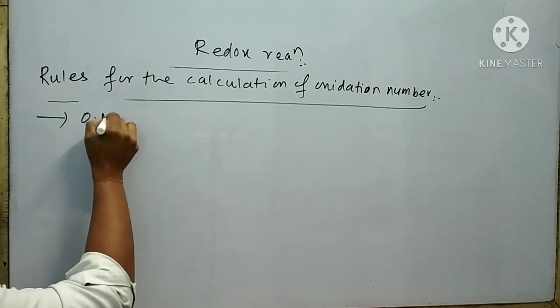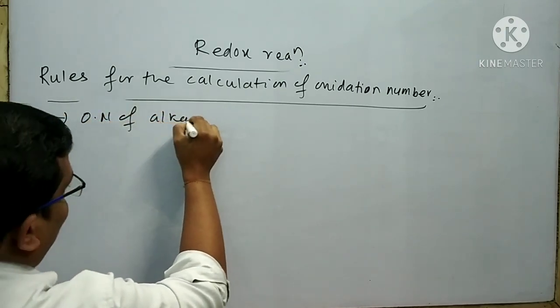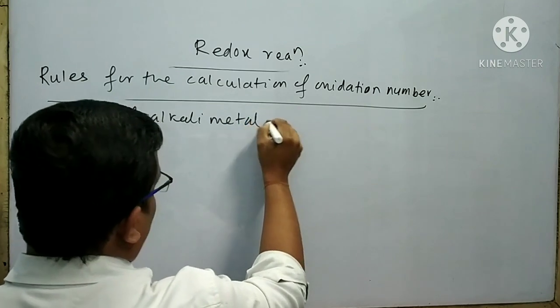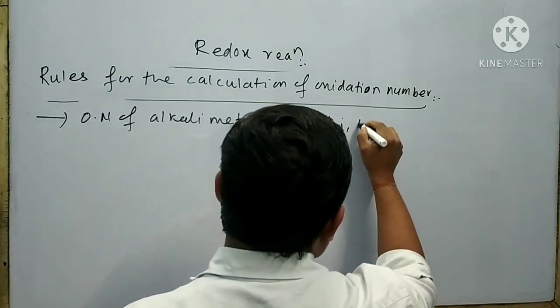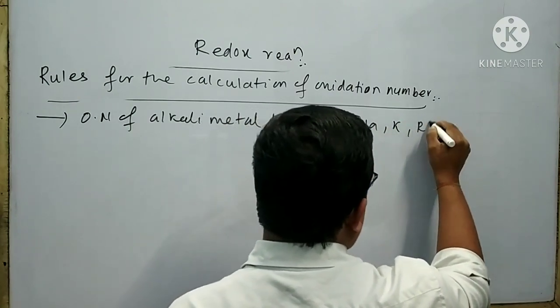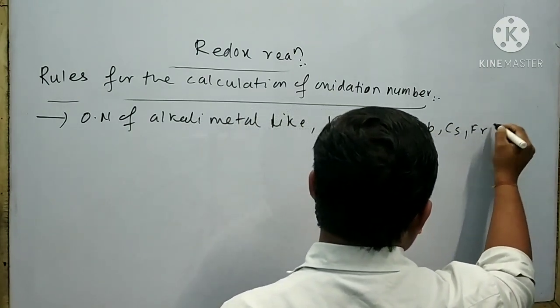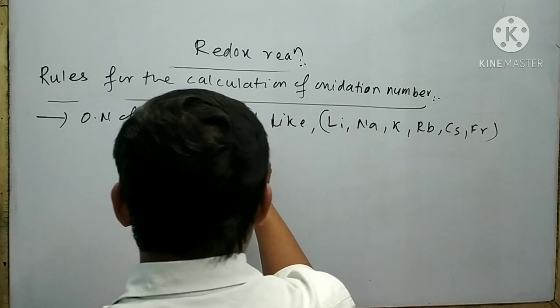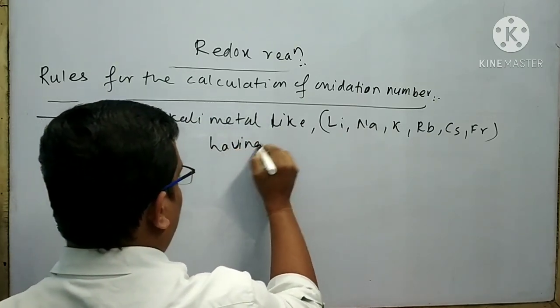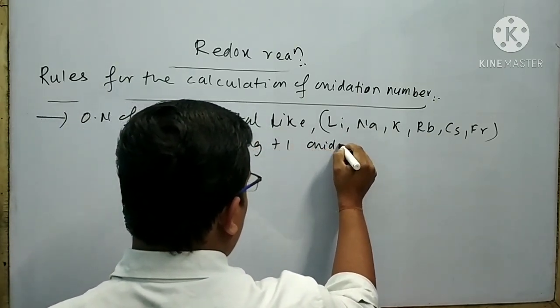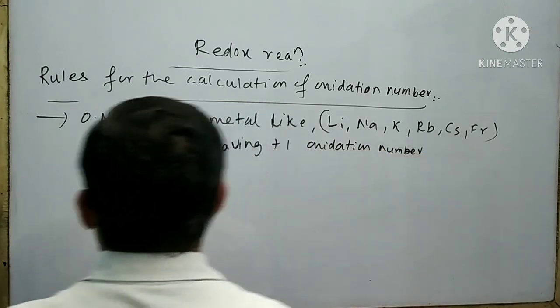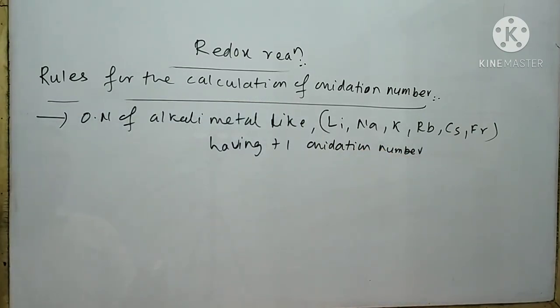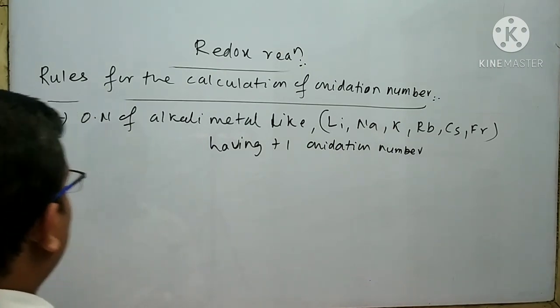Next rule: the alkali metals like lithium, sodium, potassium, rubidium, cesium, francium have +1 oxidation number. Similarly, think about the alkaline earth metals.